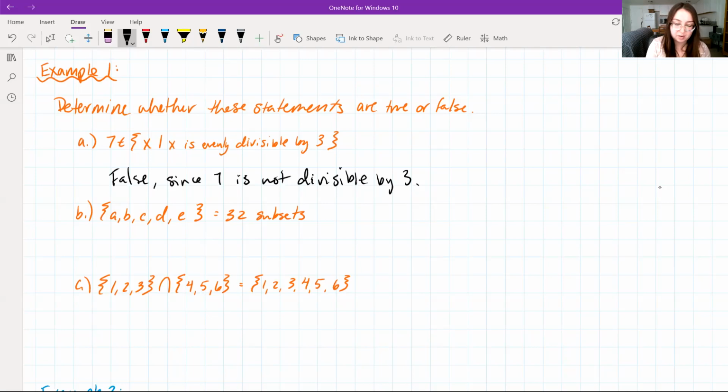Here we have 1, 2, 3, 4, 5 elements, so this will be 2 to the 5th power, which we know is equal to 32. So this is true.